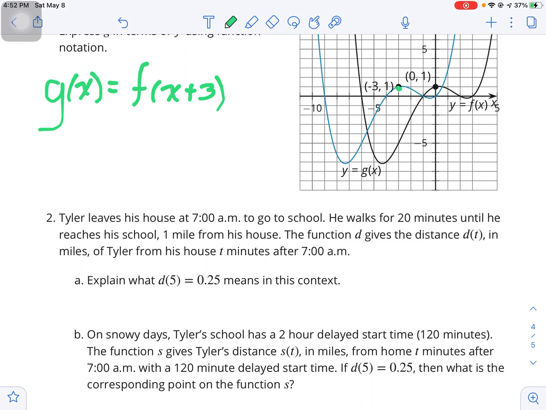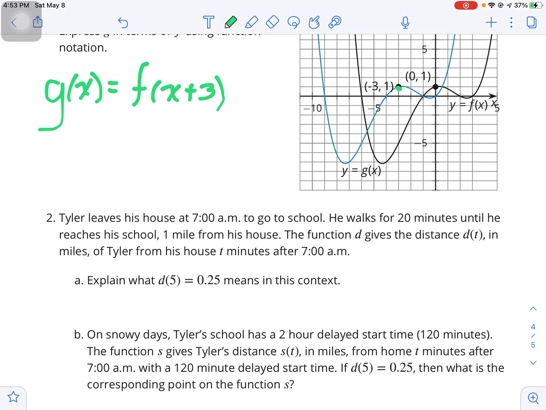The function d gives the distance d of t in miles of Tyler from his house t minutes after 7 a.m. So this talks about snow days, which may be the thing of the past now that we have distance learning capabilities, right? So explain what d of 5 is equal to 0.25 means in this context.